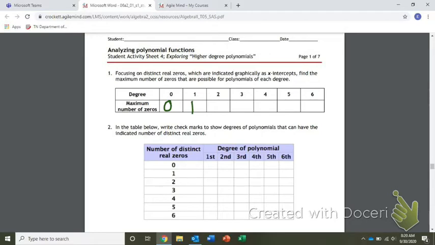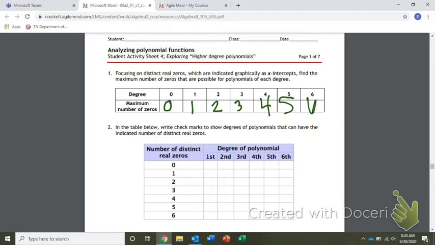If I have a second degree polynomial, I can have a maximum of 2. When I say maximum, that means I can have up to the number 2. For third degree, I can have 3. Fourth degree, I can have up to 4. Fifth degree, up to 5. And sixth degree, up to 6. This is what we're going to talk about in number 2.